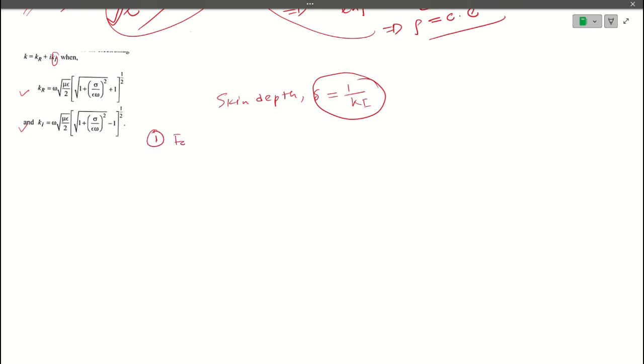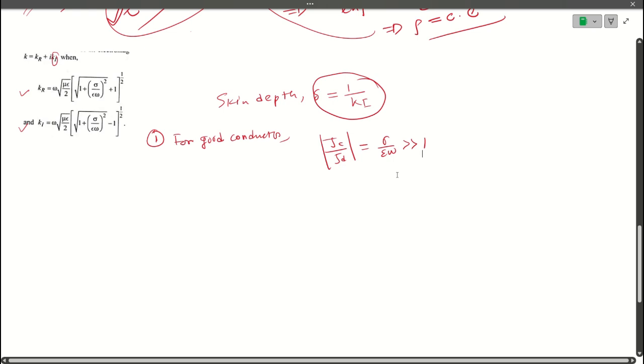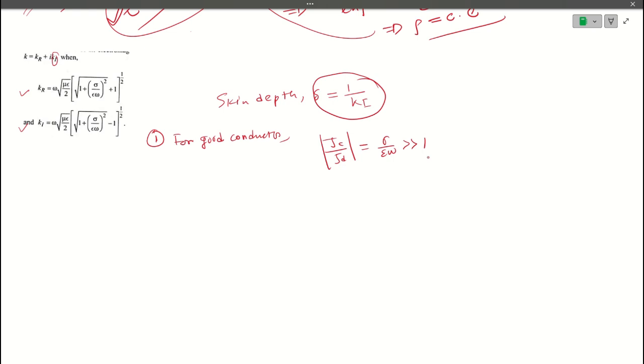So now for good conductor, question 1. For good conductor, the ratio of Jc by Jd, that is basically sigma by epsilon omega, is very much higher than 1. Using this condition we can derive Kr and Ki.